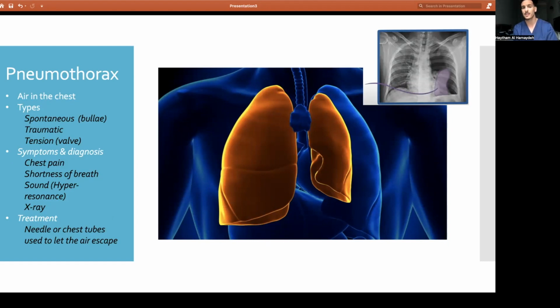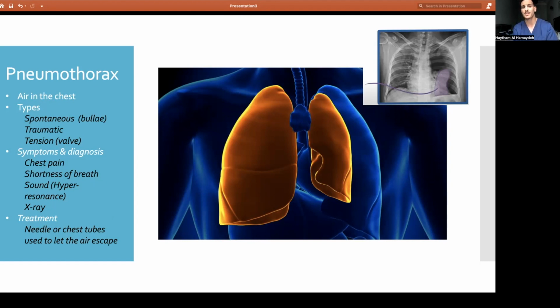pleuras of the lung. So the lung, as we remember, lies within a sac called the pleura. They're made up of the parietal and the visceral pleura. The space between them is called the pleural space, and this is where the air leaks in.